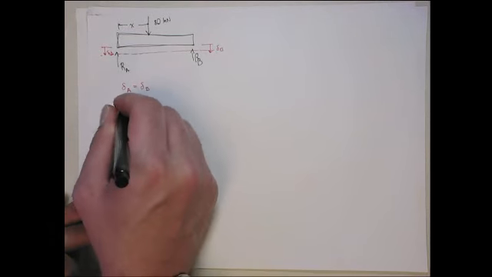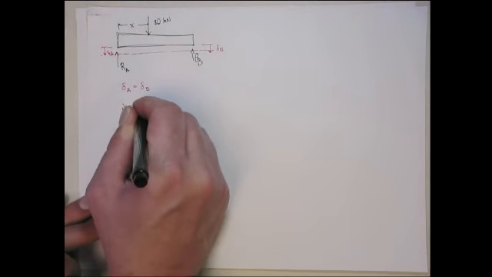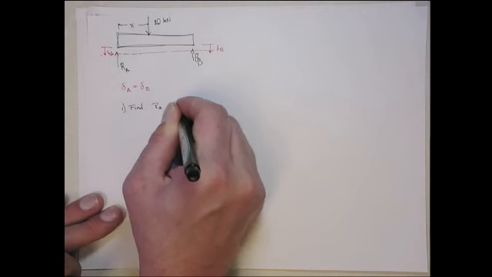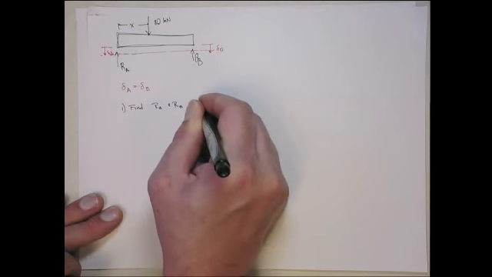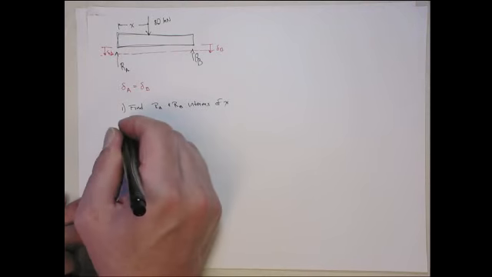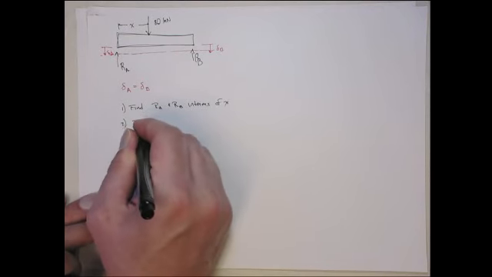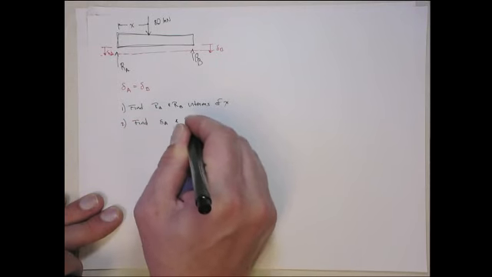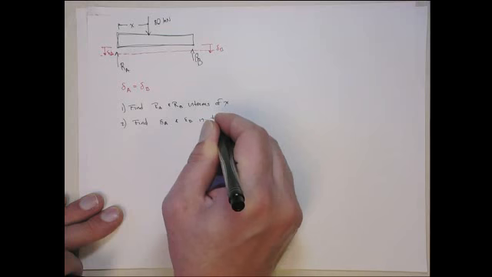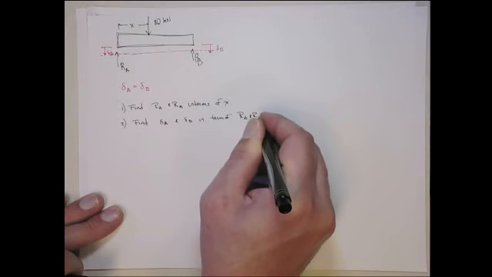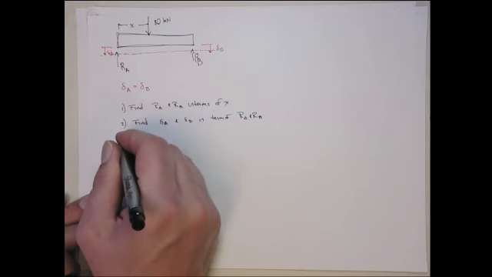So first, I'll write it out. Find RA and RB in terms of the unknown X, and then we'll find delta A and delta B in terms of RA and RB, okay?